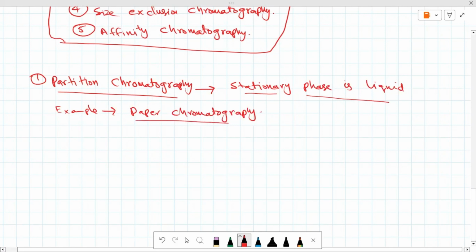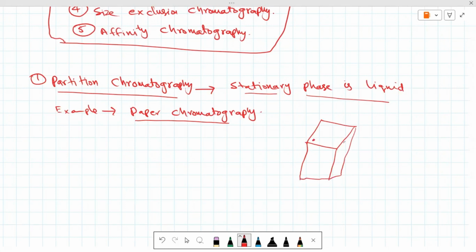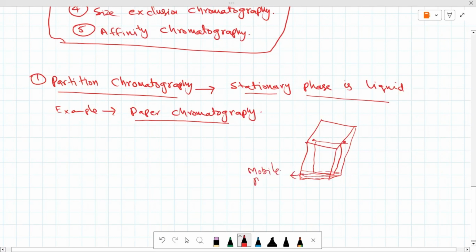We already explained that in paper chromatography, what happens? You consider this box. A paper is hanged inside over here, and the mobile phase is placed over here, and this one is our stationary phase.